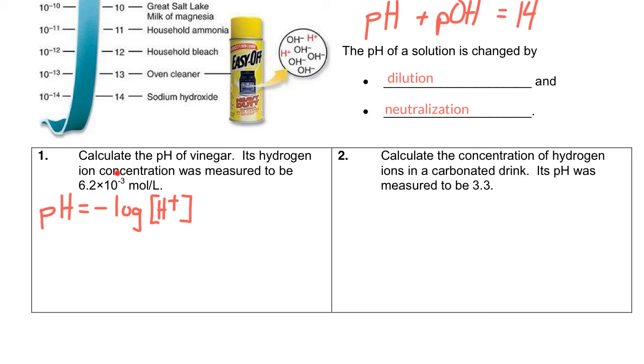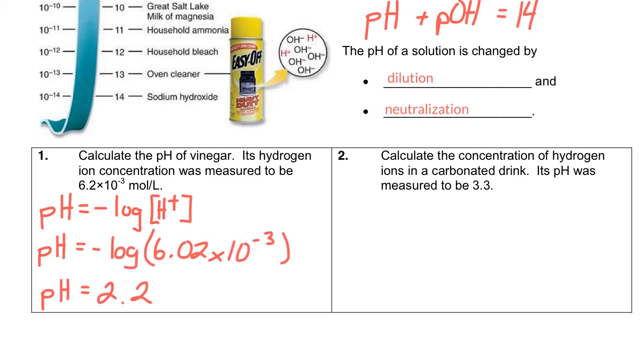Its hydrogen ion concentration was measured to be 6.2 times 10 to the negative 3 moles per liter. This concentration is already in moles per liter. That's good. That means we can take this number, plug it into our equation, and solve for pH. You should get an answer of 2.2. This would be very concentrated vinegar if it has a pH of 2.2.